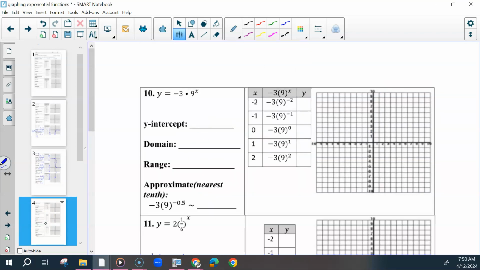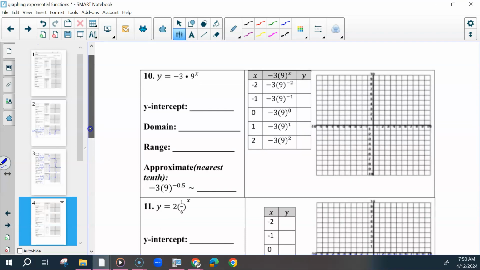Alright. We're going to do 10 and then we're going to skip to some other ones. Now we have a negative a value and a whole number base. Let's see what happens there.